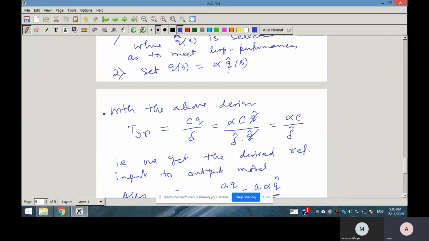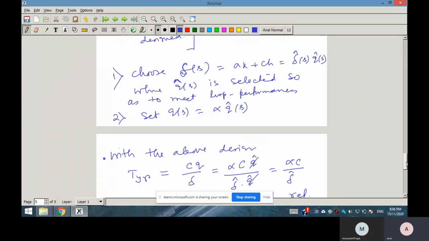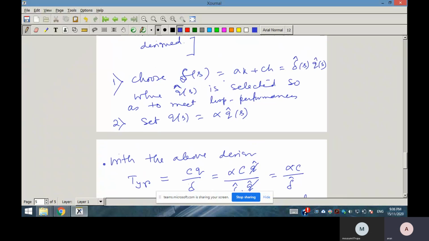Once delta(S) is completely known, you can easily find the parameters of H(S) and K(S) using the Sylvester matrix equation that we have seen in the case of 1-degree of freedom control, or, for a lower order system, just by comparing coefficients. That I will be doing here.